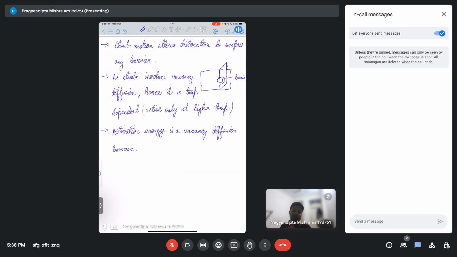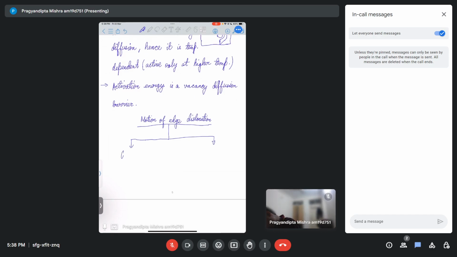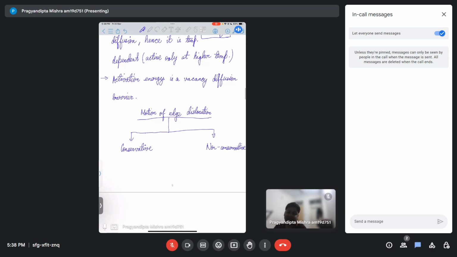Essentially, the motion of an edge dislocation can be divided into two parts: it can be conservative or non-conservative. What do we mean by conservative?